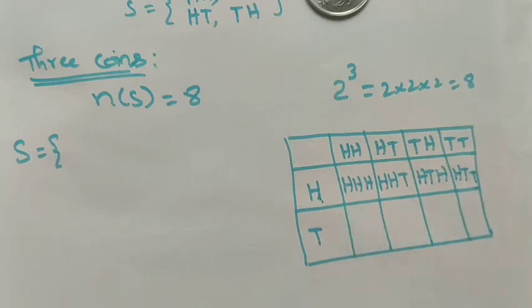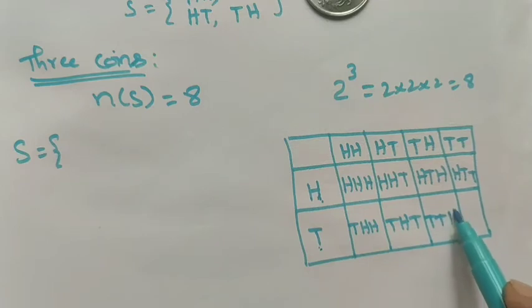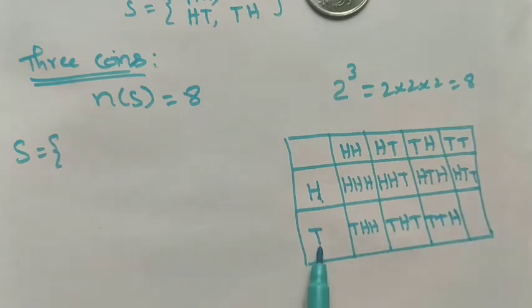So 4 we have completed. Next, tail head is multiplied with both head and tail, and likewise the last one, tail tail, with both. So these are the total possible outcomes.